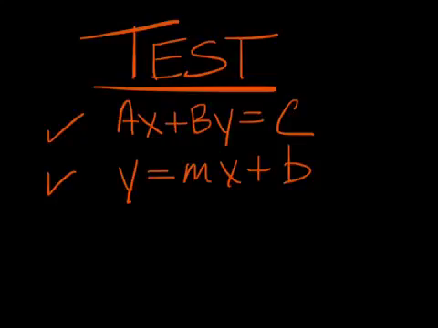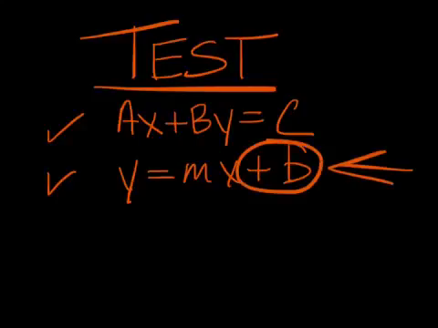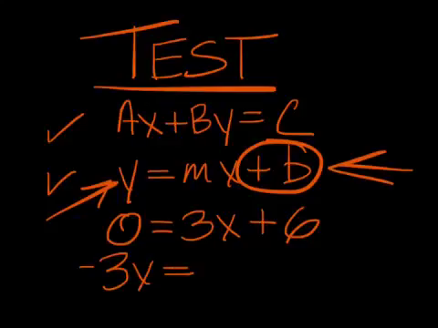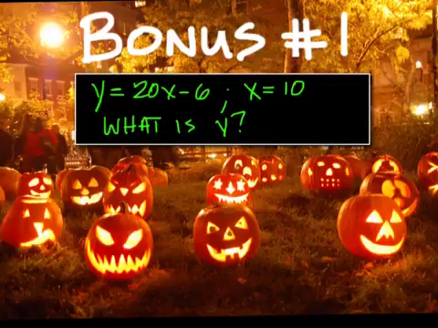What's the y-intercept in this one? B. Yeah, b is the y-intercept in that. And if I wanted to find the x-intercept, I would put a 0 in for y. And for example, I could be left with something like this, which changes to this, so it would be a -2.